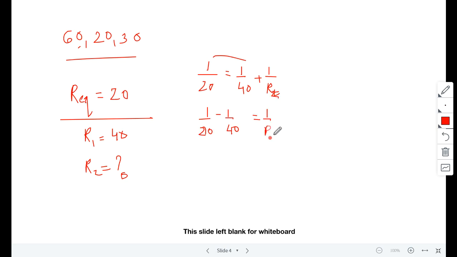Now can you calculate R2? I multiply the denominator by 2 to make it 40, and then... Yes. Oh, sorry, I did it wrong. Okay, do it one more time. So it's 40? Yes, that's very correct. So R2 is 40.